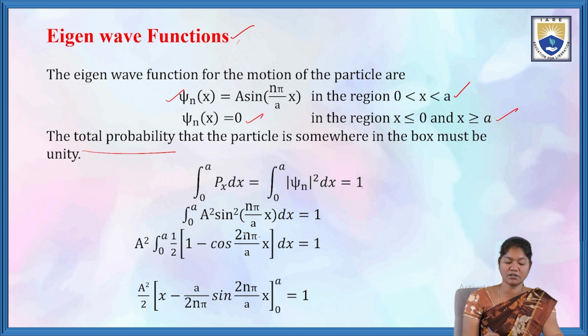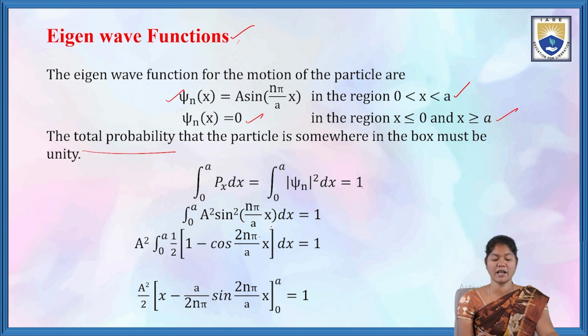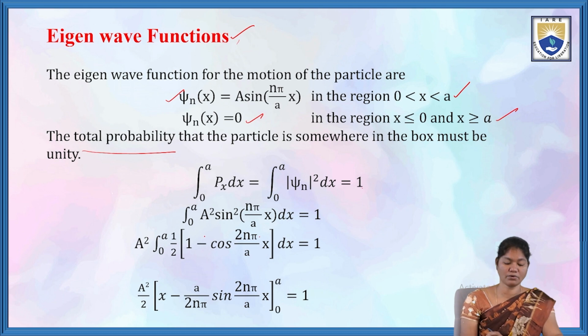So P of x is equal to A square sine square(n pi x by a). So integral 0 to a of A square sine square(n pi x by a) dx is equal to 1. As A is constant, A square integral 0 to a of 1 by 2 (1 minus cos(2 n pi x by a)) dx is equal to 1.